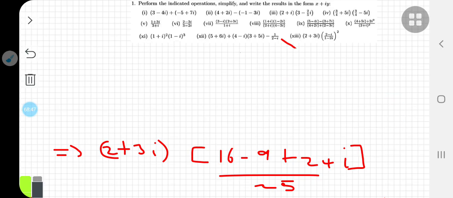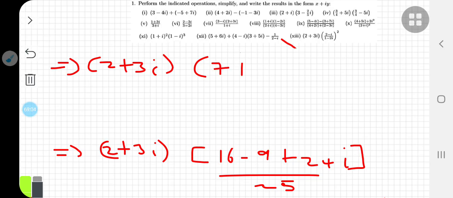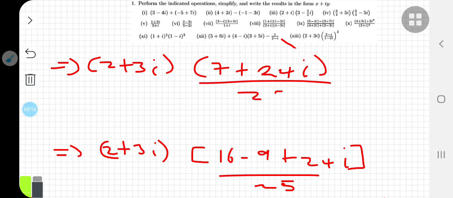So 16 minus 9 is 7, plus 24i over 25. Then I multiply what is on top.